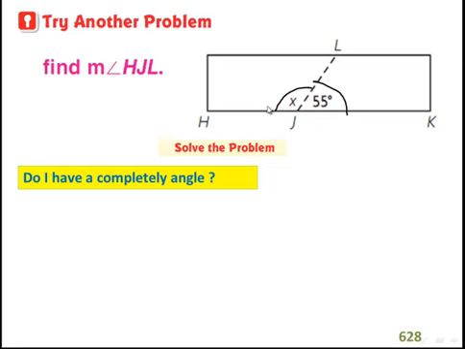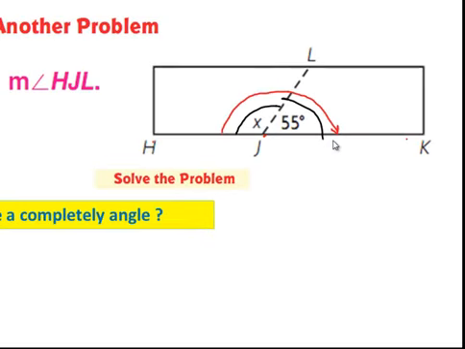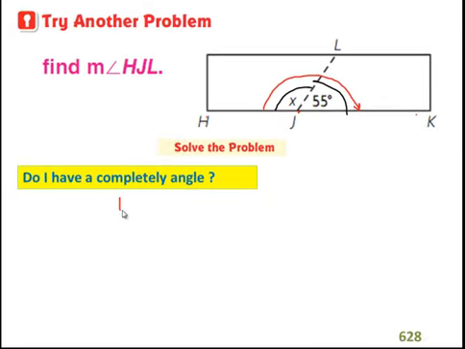Here, I can notice that the big angle, the biggest angle, which is HJK, represents a straight angle. And I have the measure of the biggest angle. It measures 180 degrees. Great, of course.